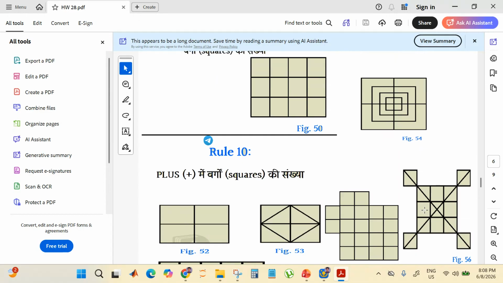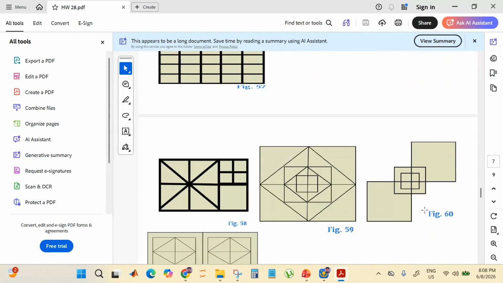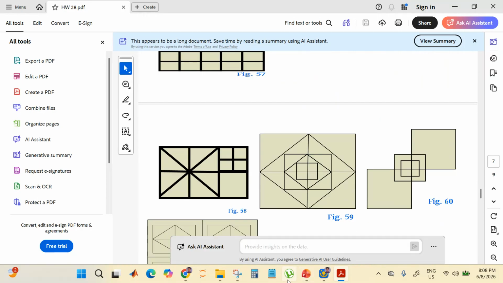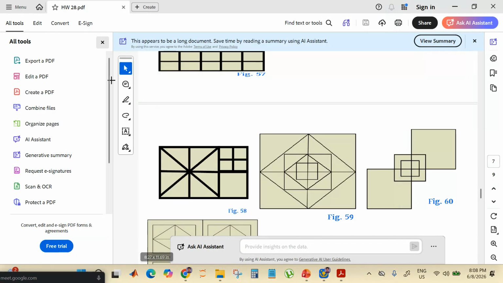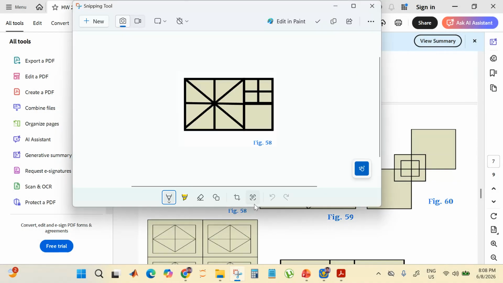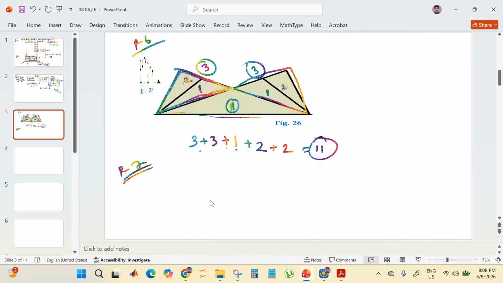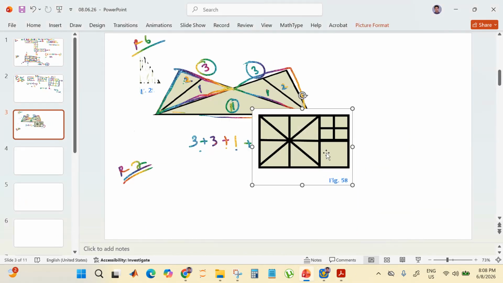So finding the square, okay. From finding the square, if I take this one, problem figure number 58. How many?